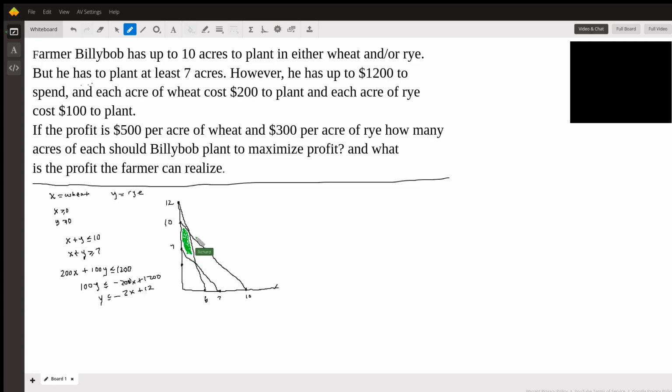And then the next step is to find these points here that define the region. That's done pretty easily by just setting this equation here equal to this one here, and you can solve that way, and it doesn't take very long.